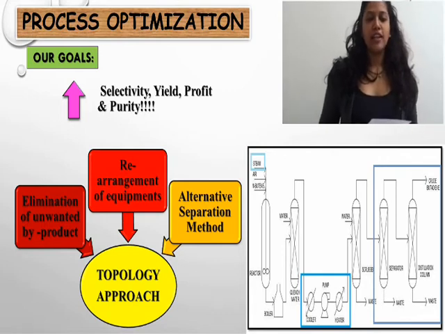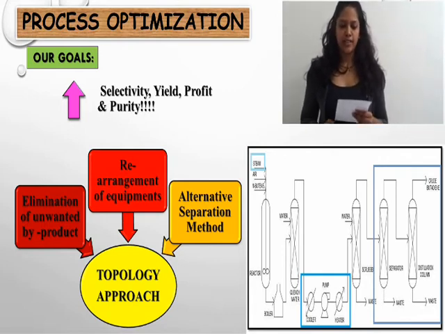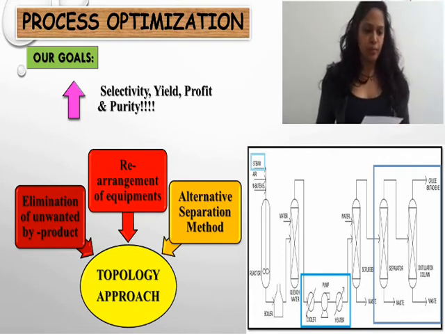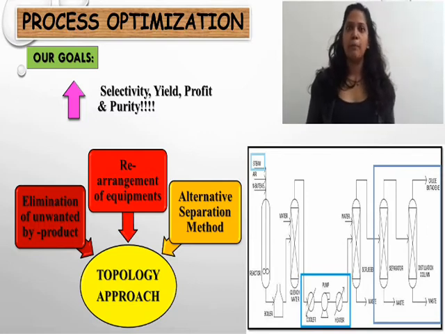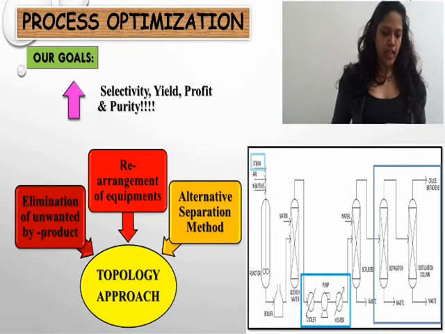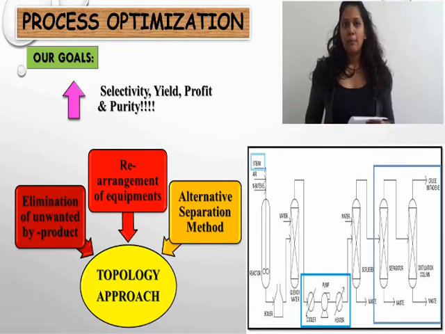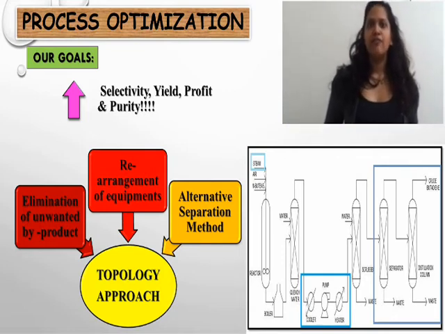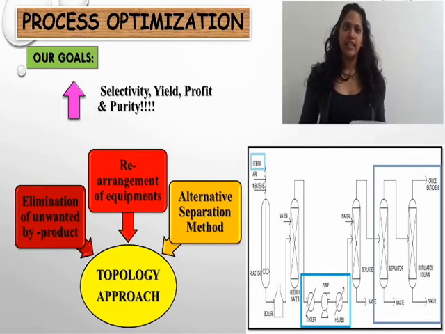Not only that, addition of steam also initiates high selectivity of 93% of butadiene with a percent conversion of 65% of normal butene.